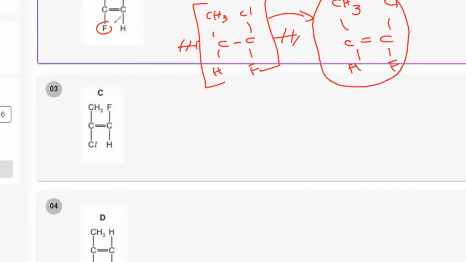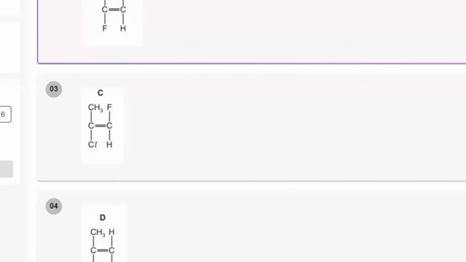CH3 and fluorine are bonded onto the same one. That's wrong. Here, CH3 and chlorine are bonded to the same carbon. So wrong. And here again, CH3 and chlorine are bonded to the same carbon. So 2, 3, and 4 are talking about completely different monomers. The correct answer here should be answer number 1.